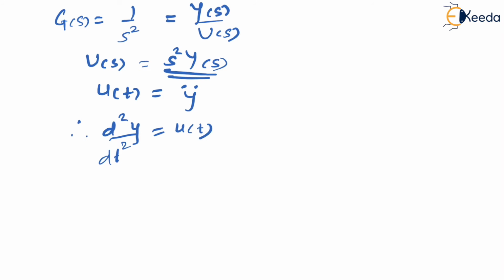Right, definitely. Now, how to do that? If you remember, in our derivation in finding the controllable canonical form, we have seen that we can take the output as the first variable. So let me take the output, which is y, as the first variable, x1. Now, if I differentiate x1, then x1 dot is equal to x2. Let me consider another variable.